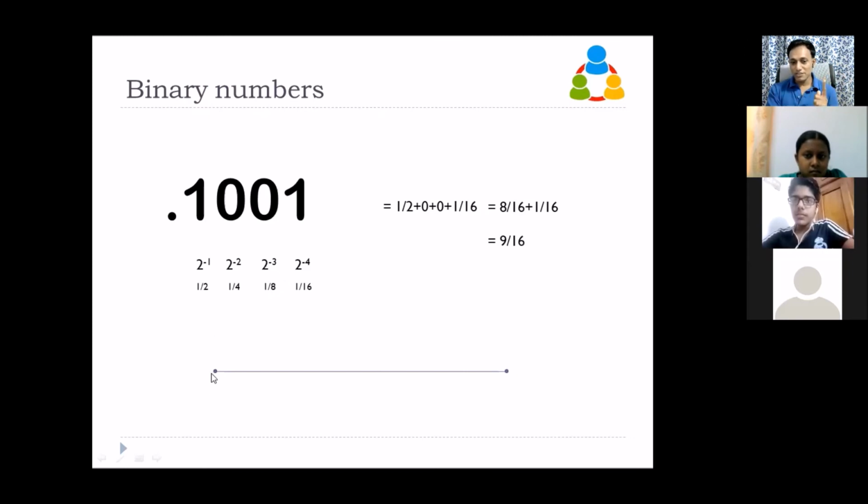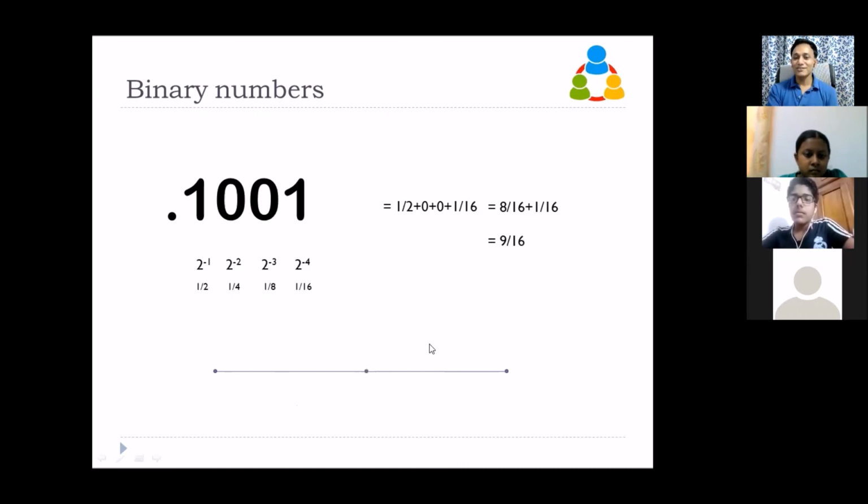Let us assume this is 7 and this is 8. 7.5 or 7.6, how do we mark? Divided into 10 pieces. Why? Because 1 by 10. Ours is a base 10 system. If it is a base 60 system, you divide into 60. In the base 2 system, you have only two things, 0 and 1. So you can only divide into 2.